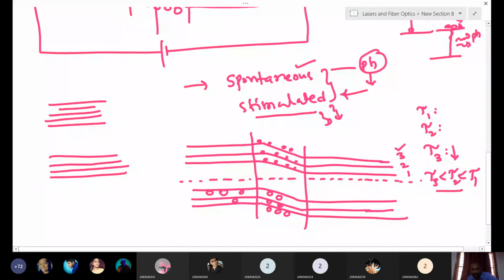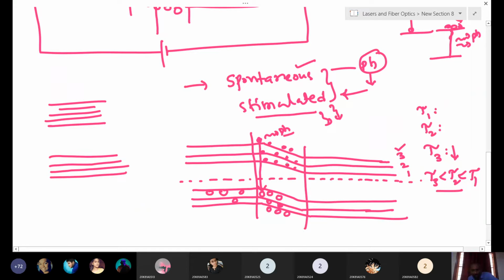So the third level has very high energy but very little lifetime, so electrons will jump immediately from there. They come to the ground state in the conduction band, jump into the valence band, and recombine with holes. Once they recombine, it will emit photons. This is spontaneous emission.